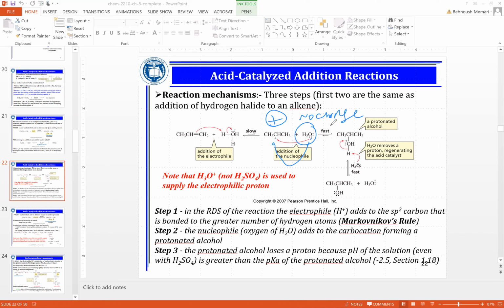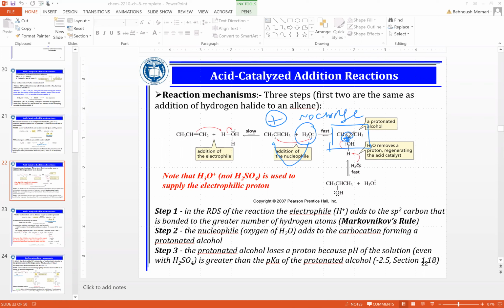Is the plus charge being canceled or not initially? See that when water attaches to the carbocation, this plus charge is not going to be canceled. The plus charge is there and it's on the oxygen, because oxygen is the one coming to rescue the carbocation or to react with the carbocation.